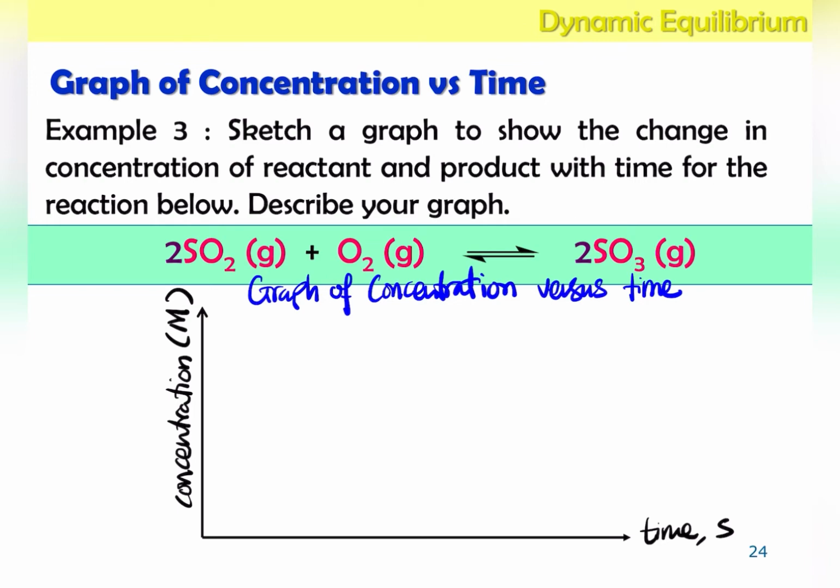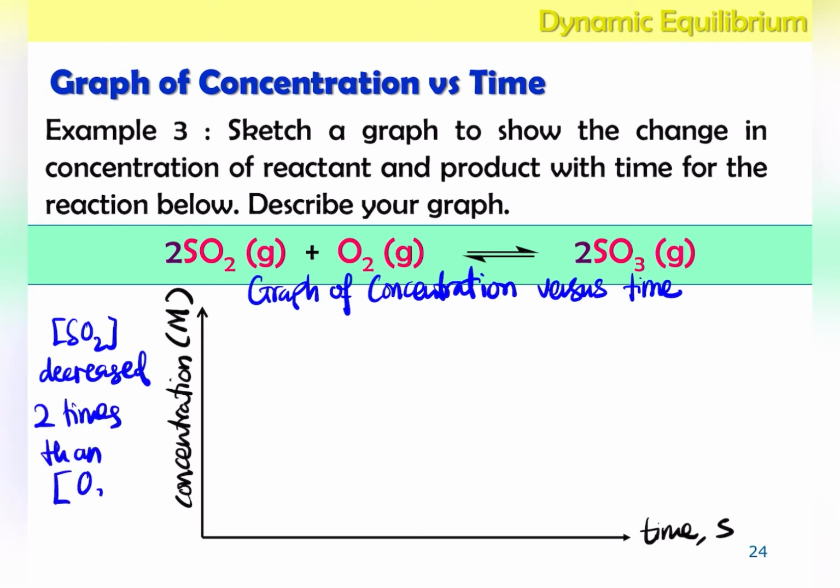In front of SO2, you got coefficient 2. So what can you describe from here? Concentration of SO2 decreases 2 times than concentration of O2. So kita faham konsep bila reactant dia akan berkurang, bila produk dia akan bertambah when chemical reaction takes place.